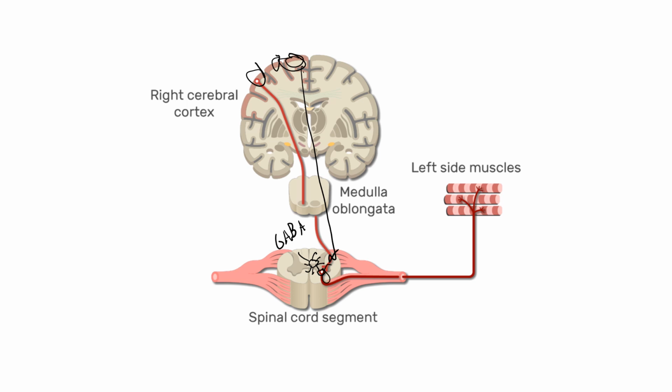Because what's the primary motor cortex neuron going to be releasing? It's going to be releasing glutamate, right? So the primary motor cortex neuron is releasing glutamate onto the alpha motor neuron, and the GABAergic neuron is releasing GABA onto the alpha motor neuron. So they're fighting each other. Glutamate is going to be binding to glutamate receptors on the alpha motor neuron's dendrites, allowing sodium in, and GABA is going to be binding to GABA receptors on the alpha motor neuron's dendrites and allowing chloride in.